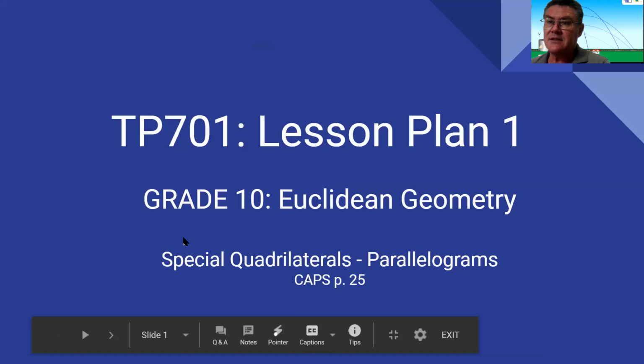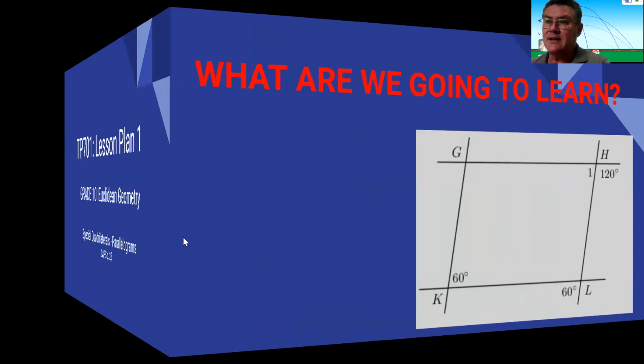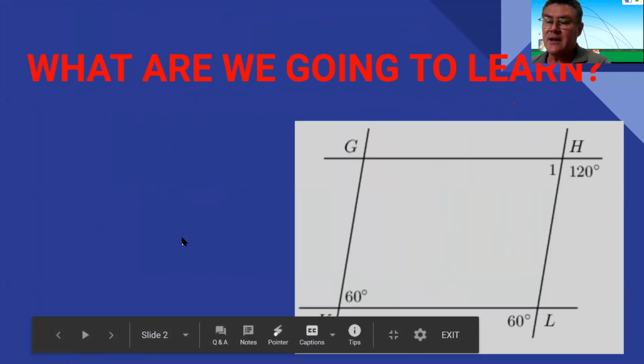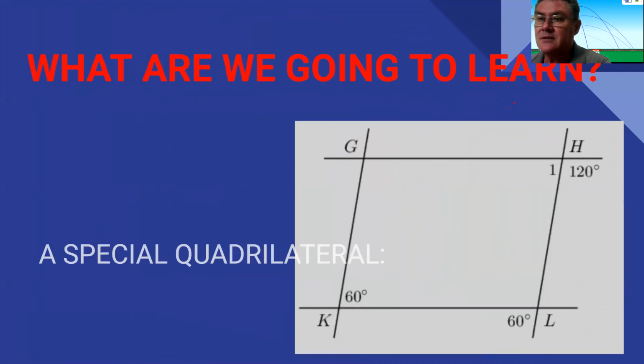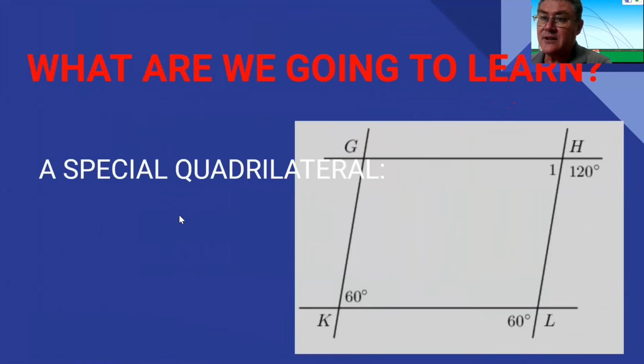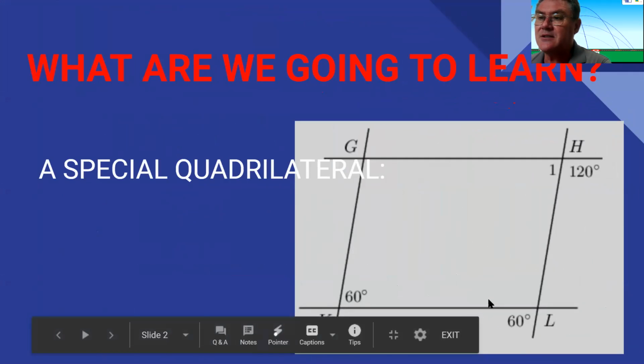Like I've said, it's lesson plan 1, geometry, the parallelogram. Question here is, what are we going to learn today? I think I've given you a hint already. We are going to learn about parallelograms. The special quadrilateral, we know it's a quadrilateral, a shape with 4 straight sides, 1, 2, 3, 4.